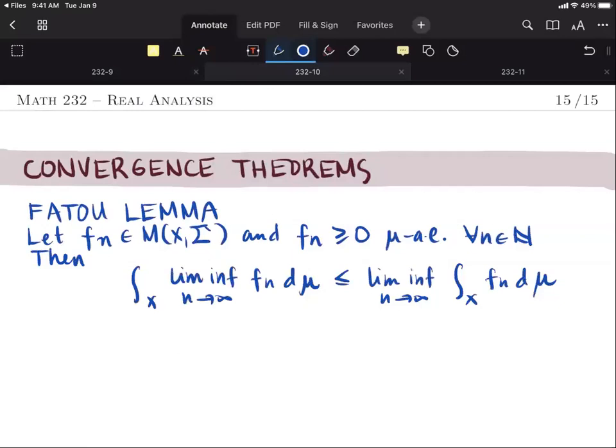So take note here, we remove the assumption that the sequence is increasing. So we have a weaker assumption, therefore it is natural that the conclusion is also weaker. So instead of the limit, we have the limit inferior, and instead of equality, we have an inequality.